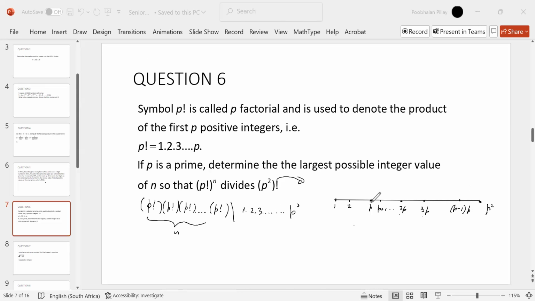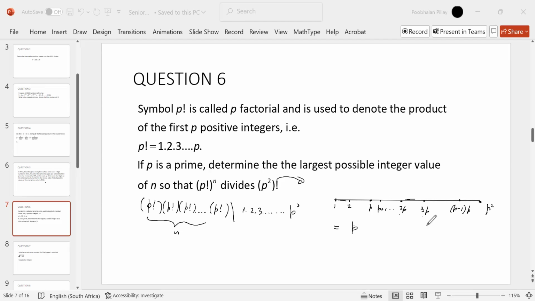So, in particular, let me just look at the P. P occurs only once in this set, from 1 up to P. And likewise, P only occurs once here. So P occurs once here, and so on. So how many times does P occur in this? What is this equal to?